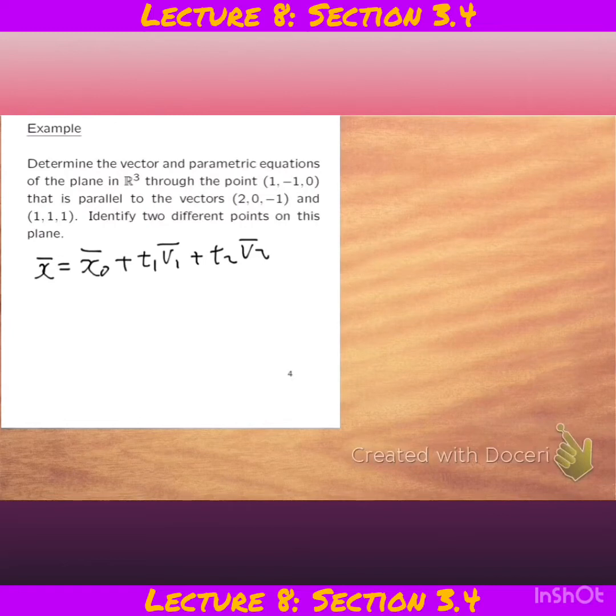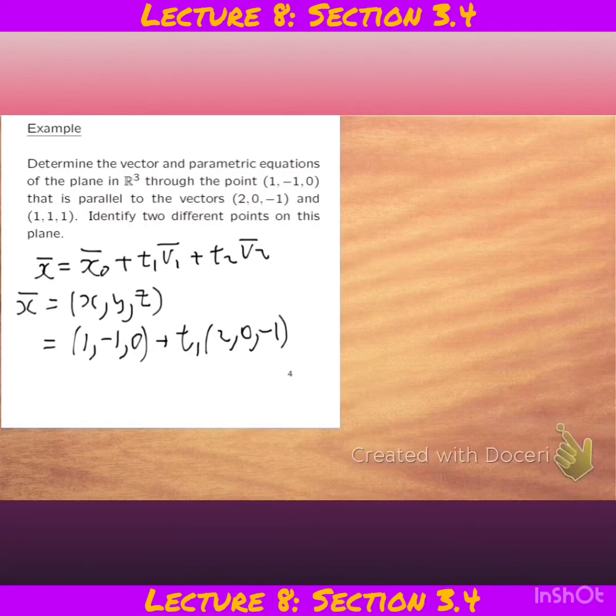That is equal to the initial starting point that you want the plane to contain, plus the sum of the scalar multiples of two vectors, where v1 is 2, 0, minus 1, and the other vector is 1, 1, 1.